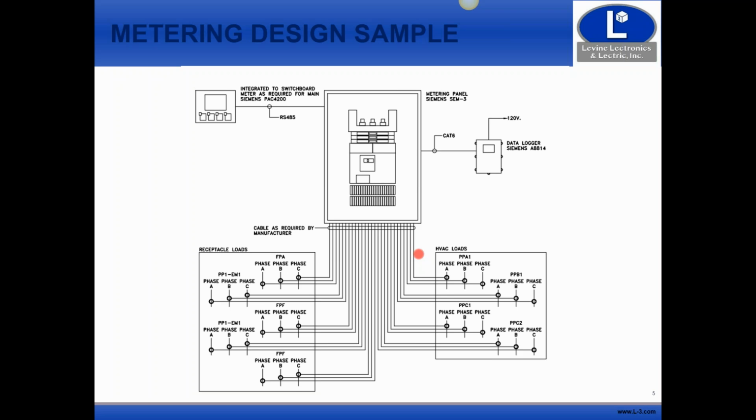So there are multiple ways that we can look at actually separating these loads. This particular individual said, let's separate our loads by panel. You can see here there's PPA1 and B1, C1, and C2. All these panels individually have HVAC loads only.